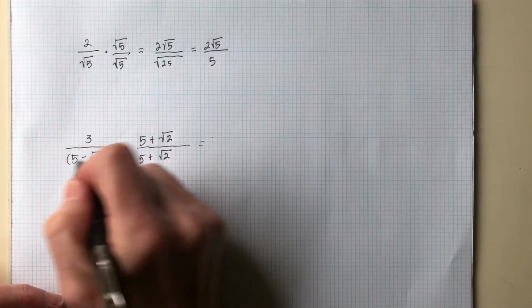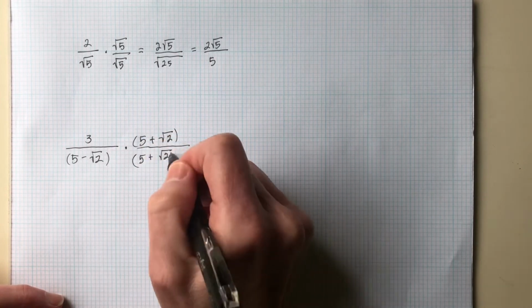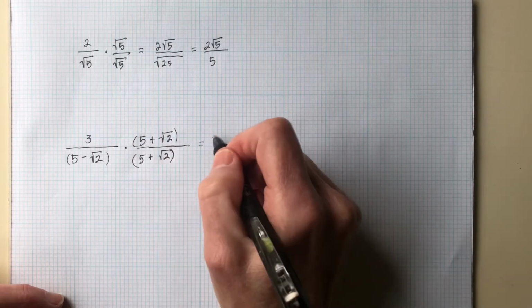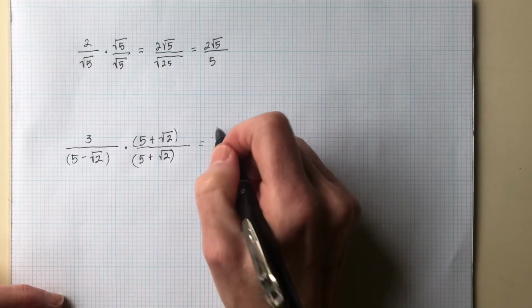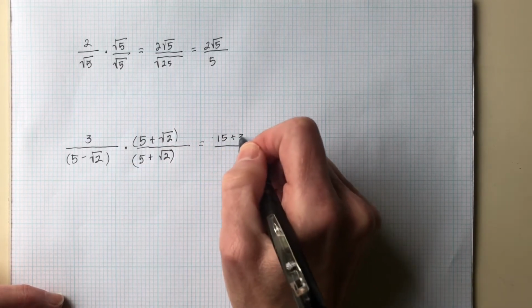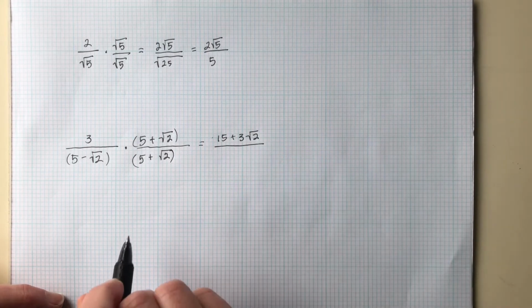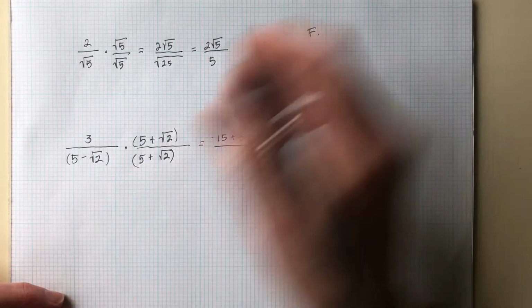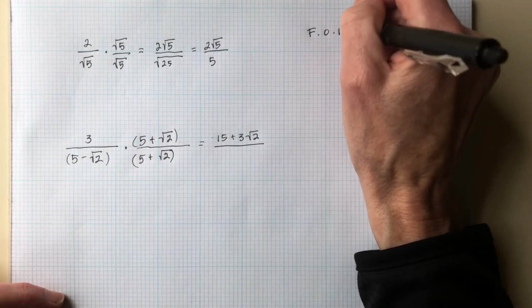When we multiply these things, now nothing exciting is going to happen in the numerator. We're just going to multiply 3 times each thing here, and that gives us 15 plus 3 radical 2. Down here, remember, always when you're multiplying binomials like these guys, to FOIL, right?